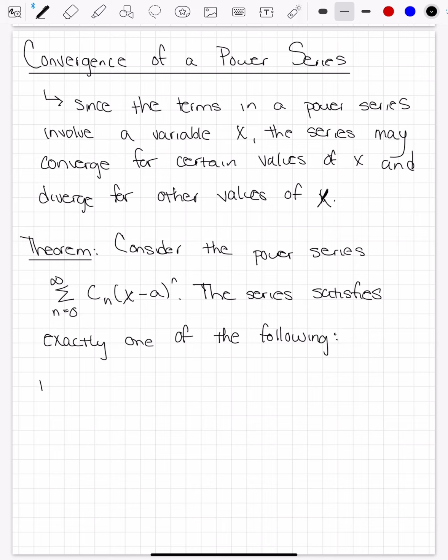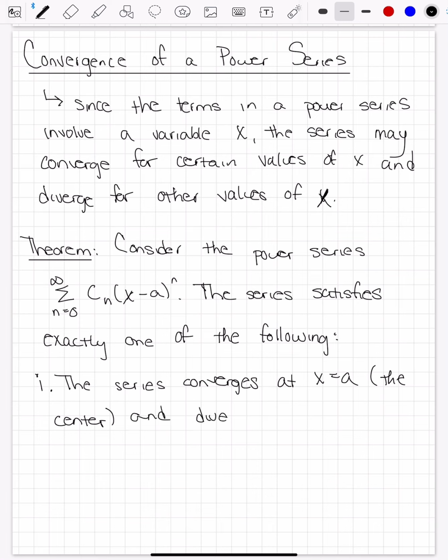The first possibility is that the series converges at the center, and diverges everywhere else, so for all of the x not equal to A. The reason why we call A the center is because that's the center of our interval of convergence, which I'll talk about later.